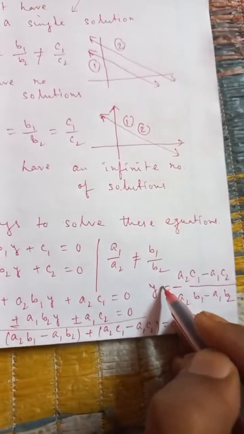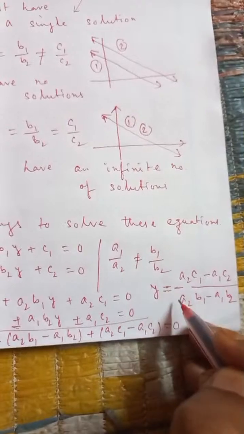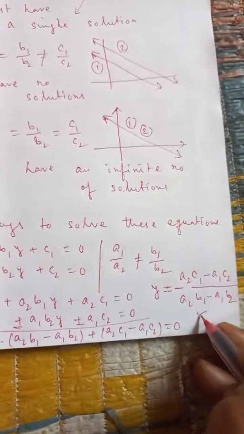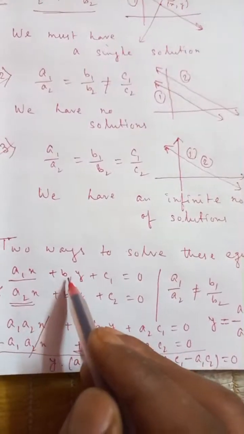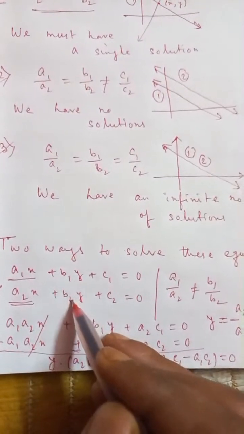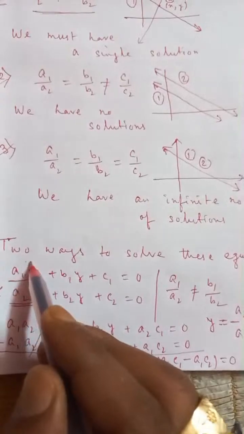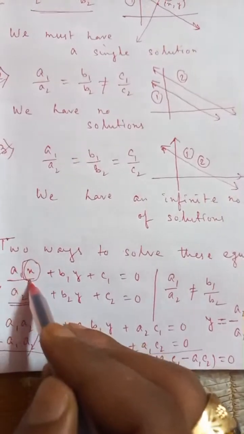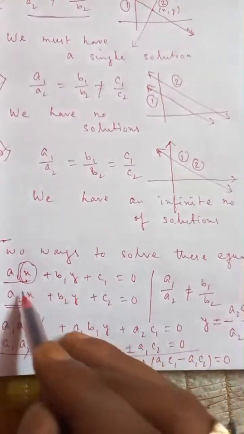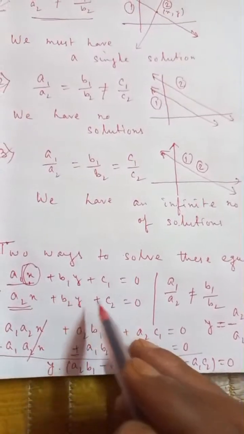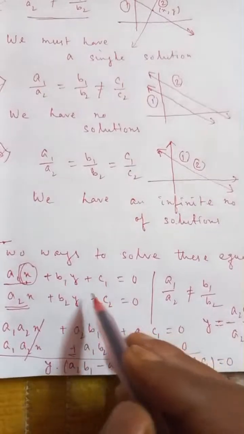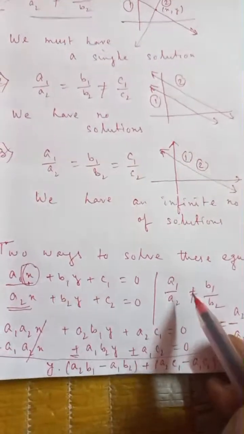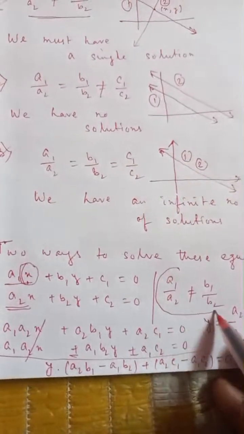So this is the value of y, and if we put this value in either equation number 1 or equation number 2, we will find the value of x, the other variable. So in this way we can find these two variables. This is the single solution of these two equations with the given condition.